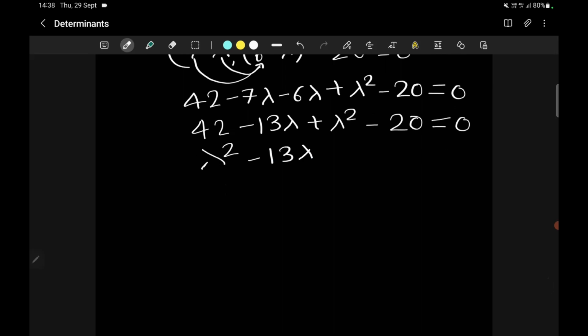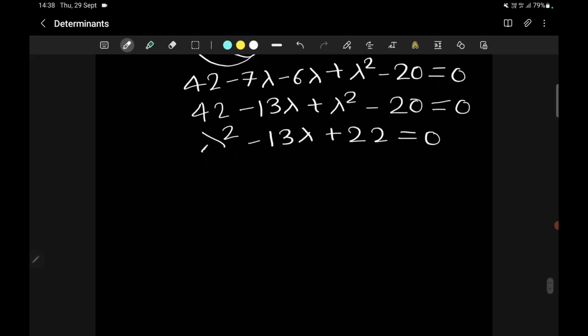Then minus 20 plus 42, it will become plus 22 equals to 0. So this is your characteristic equation. If you solve this much, you will get the characteristic equation.